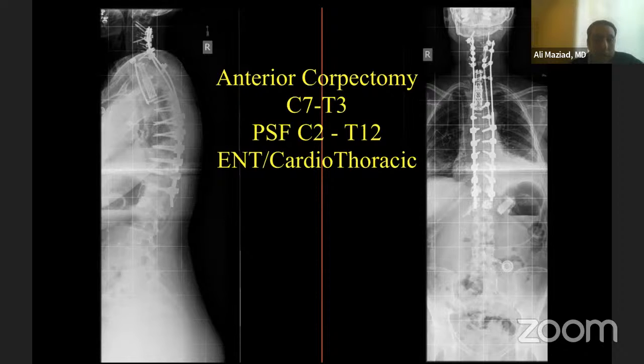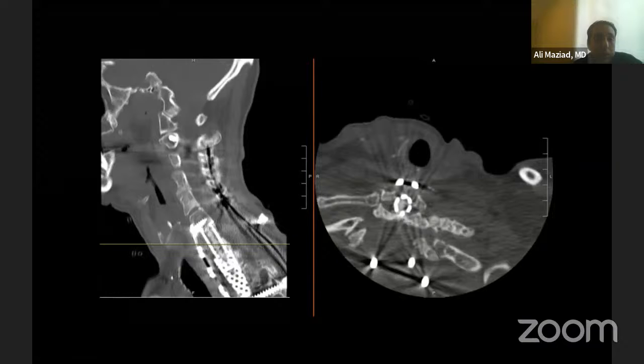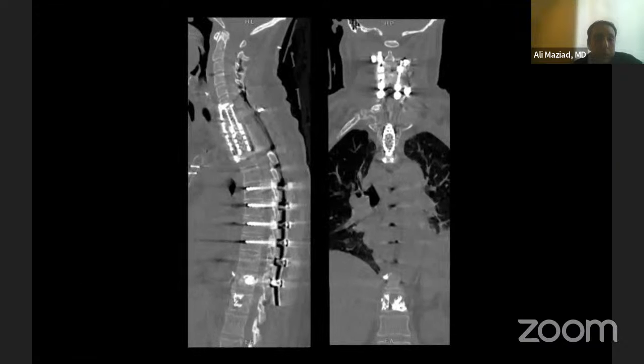And I think the next slide can show that her ODIs were much improved afterwards. You could see in the CT scan she has pretty good alignment and the cage was filled with bone. I was not sure about her post-op images; they're not there, like long-term. It was done recently.